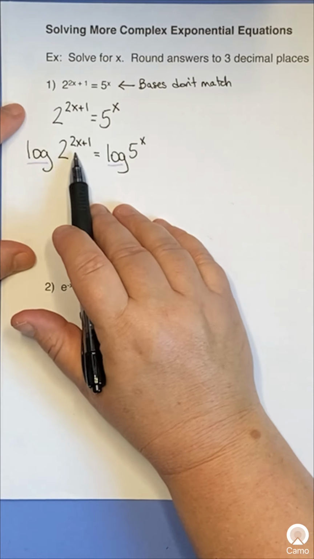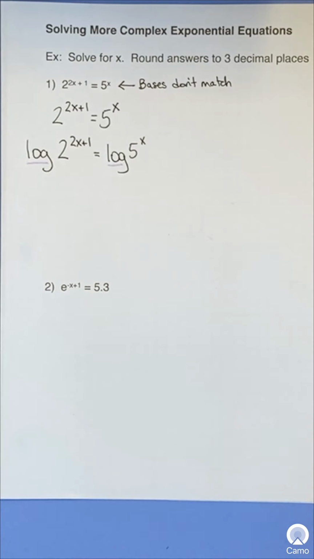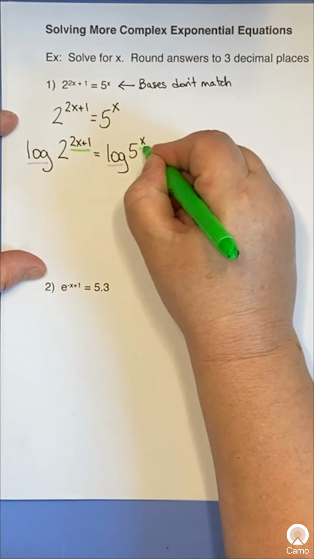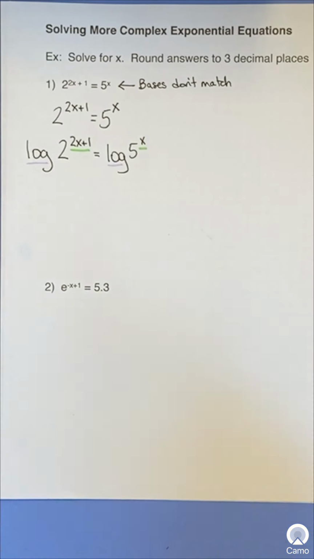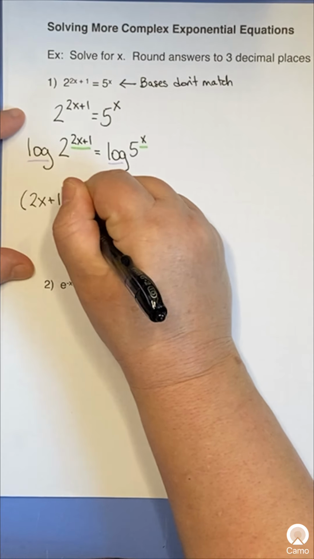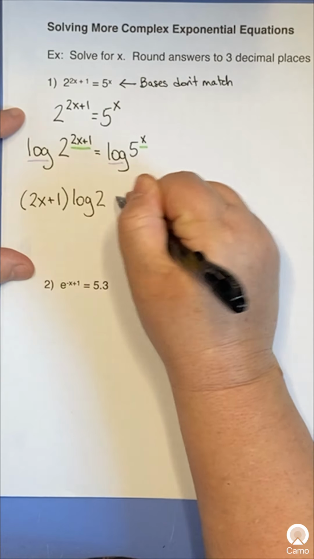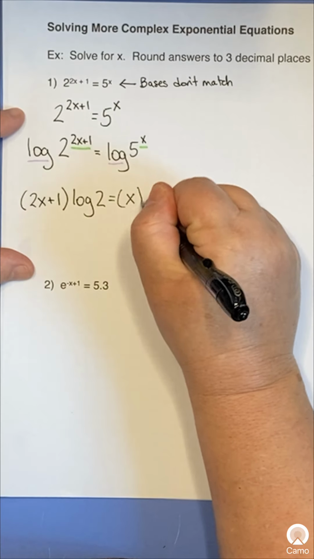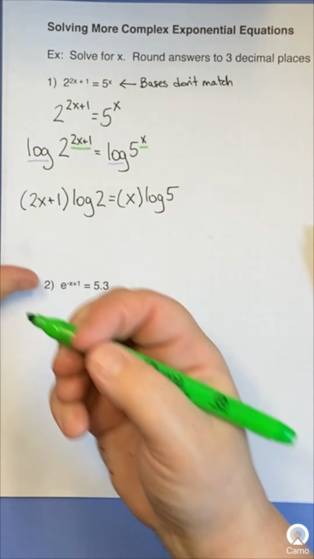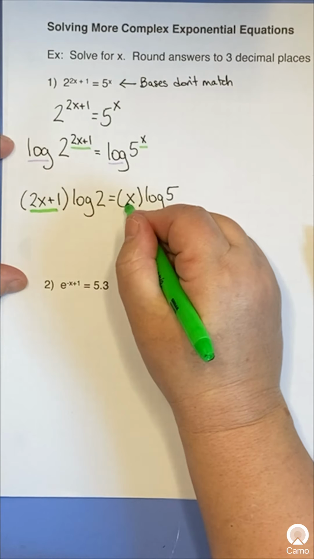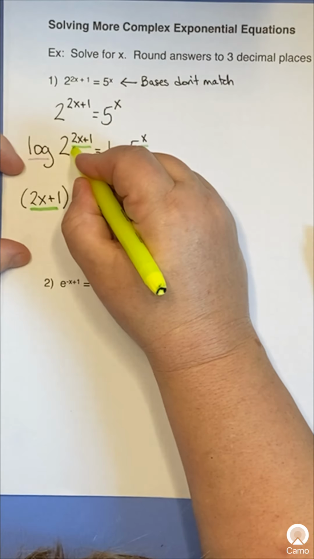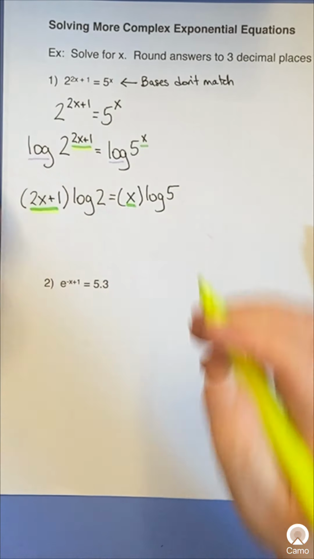Remember what happens to this exponent. Each of the exponents, they don't match. Maybe I should have done them in the same color. They're both exponents, but I'll make one the more yellow exponent. You can see they're related.